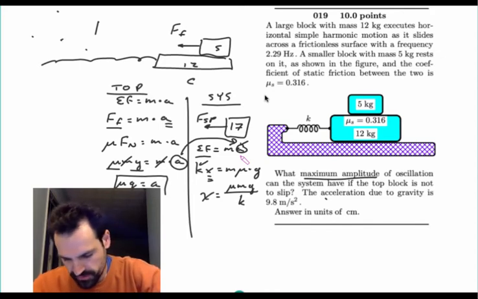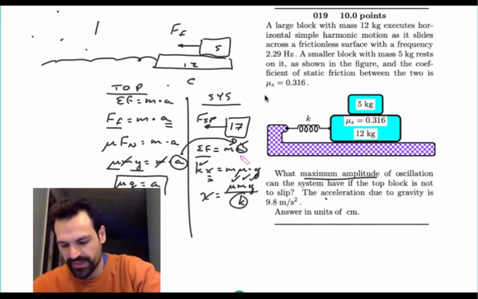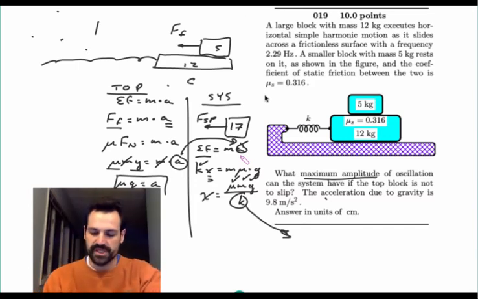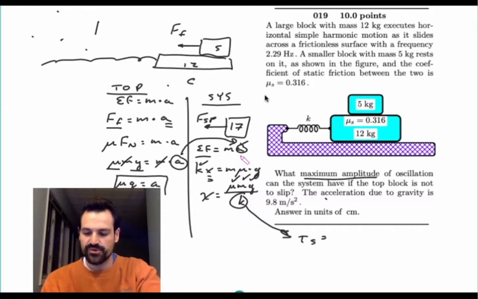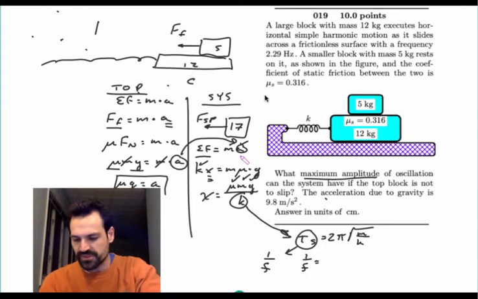We know mu, we know m, we know g, but we don't know k. And that's where the final equation comes in, and that's the period of a spring. So the period of a spring is 2 pi times the square root of mass over k. We don't know the period, but we know period is the inverse of frequency. So 1 over the frequency equals 2 pi times the square root of m over k.